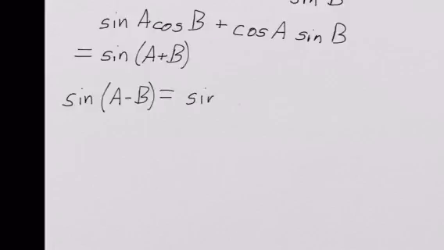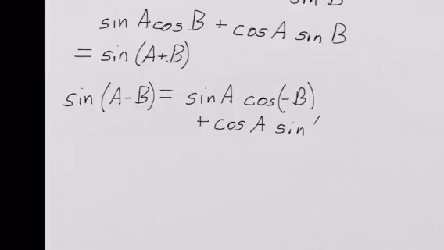So we get sine of a cosine of negative b plus cosine of a sine of negative b.